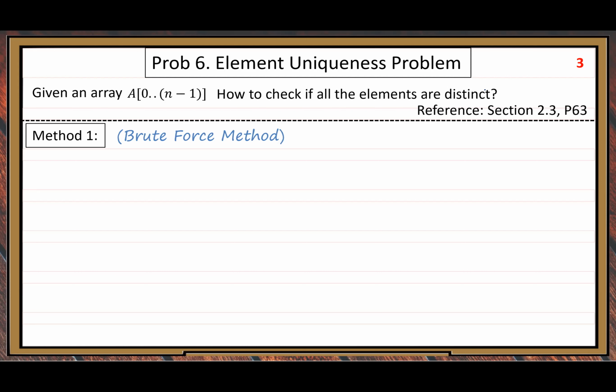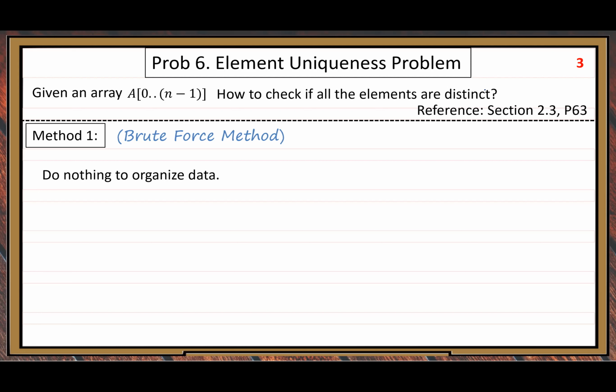The first one, brute force method. By brute force, we mean you do not apply any technique. You just work on it directly without any special technique. Do nothing to organize data.